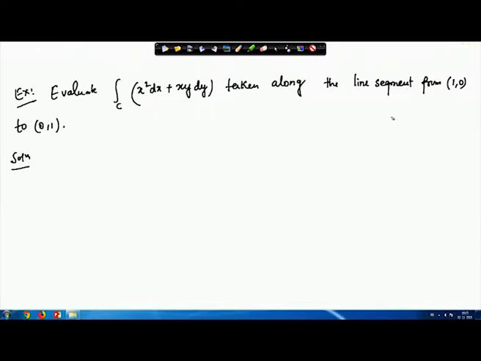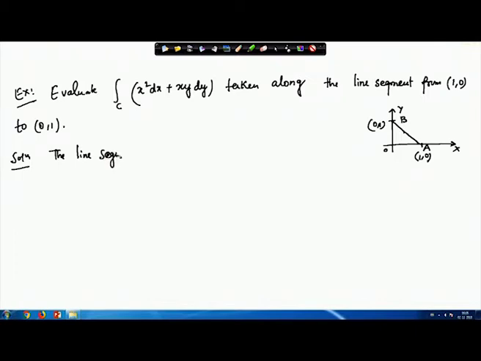First of all, let us draw this curve. The line segment is from the point (1,0) to the point (0,1). If I join these two points, let me call one A and the other B. So we are basically calculating the line integral along this line segment.